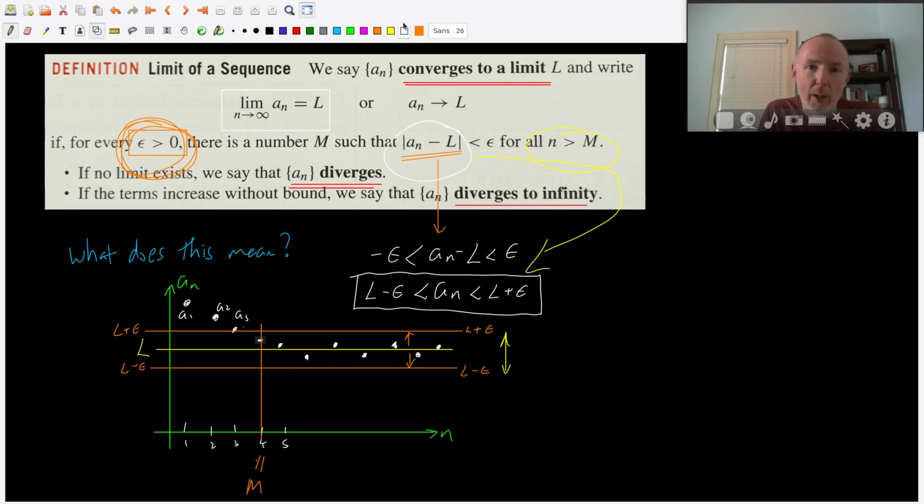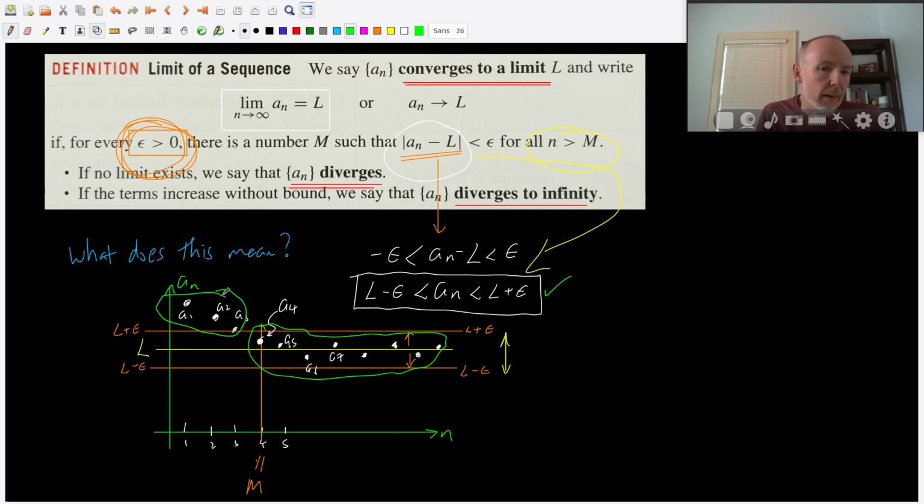That's a sub 4. So notice that a sub 4, a sub 5, a sub 6, a sub 7, all of these values are always between L minus epsilon and L plus epsilon. In other words, they satisfy that idea.